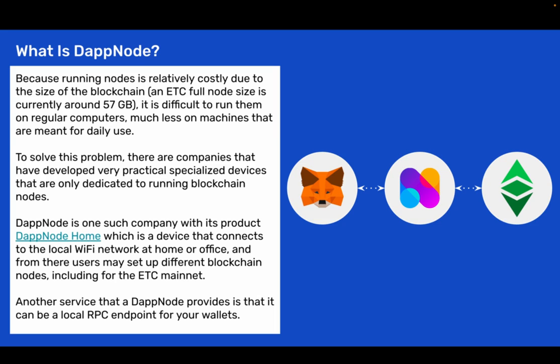DappNode is one such company with its product DappNode Home, which is a device that connects to the local Wi-Fi network at home or office, and from there, users may set up different blockchain nodes, including for the ETC mainnet.